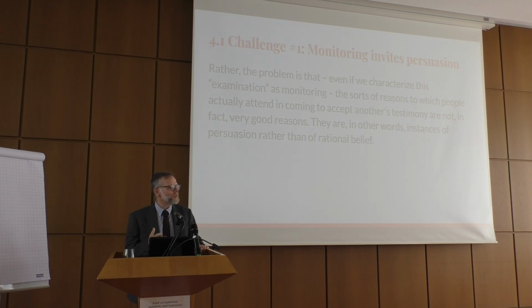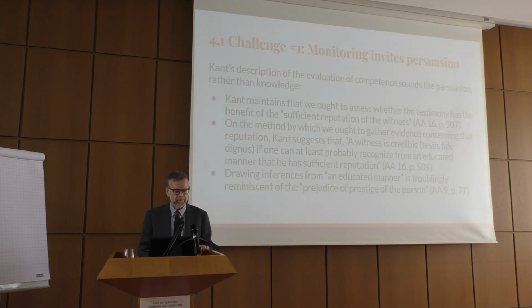But what I'm trying to do here is, within Kant, find the resources to make the argument that I've been making in my own work, namely that Kant already recognizes that this is a problem, that we're not very good at our competence judgments and our credibility judgments. If you look at Kant's description of the evaluation of competence, it actually sounds like persuasion rather than knowledge.